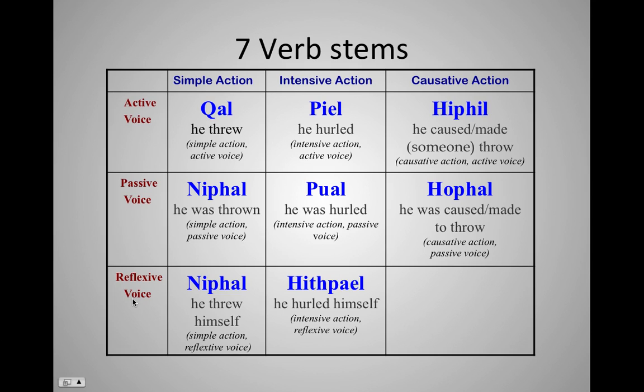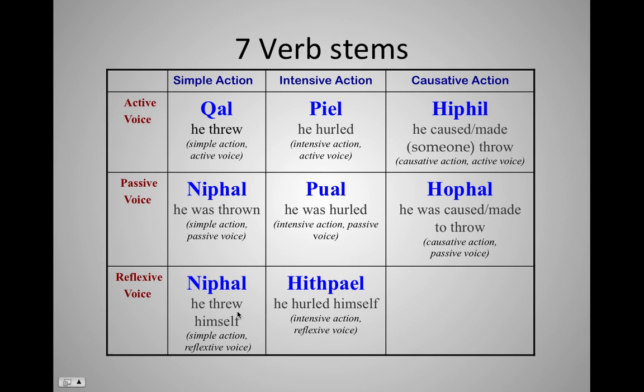Now, when we talk about reflexive voice, the way we generally associate that in Hebrew is that the subject of a verb is performing an action upon or for itself. So in an example phrase to understand what reflexive voice looks like, we could say, he threw himself. In that phrase, you can clearly see how the subject, he, is performing an action.